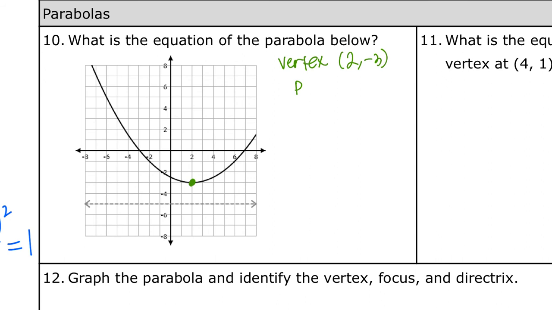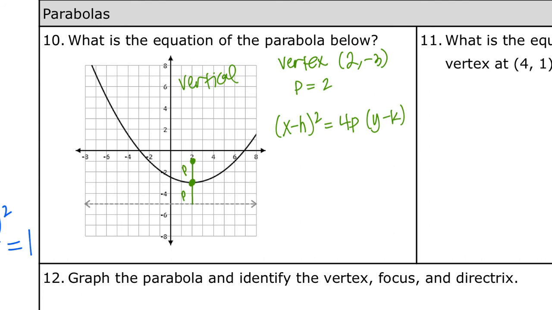Now p is the distance from the vertex either to the directrix, so right here, or it would have been up to the focus, which is here. So it kind of depends on which one they give you. But either way, p is 2. Now this parabola is vertical. So the format we follow for this is (x - h) squared equals 4p(y - k).